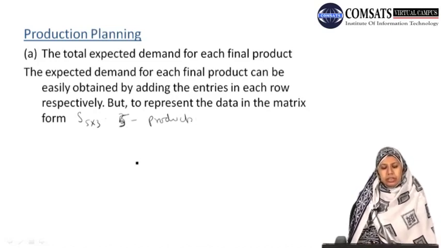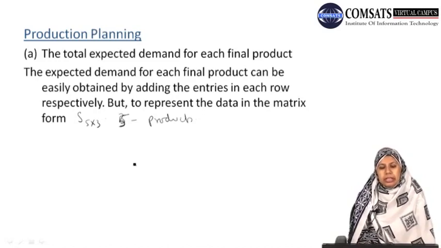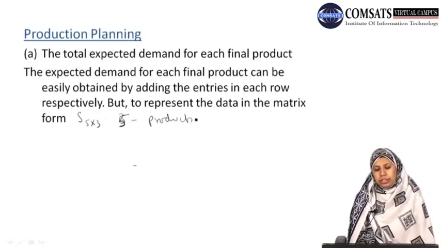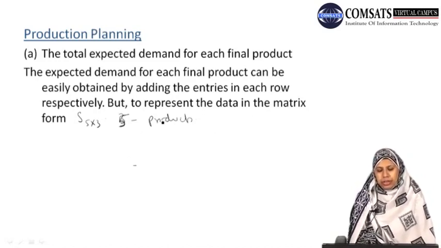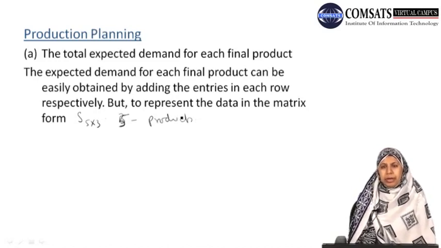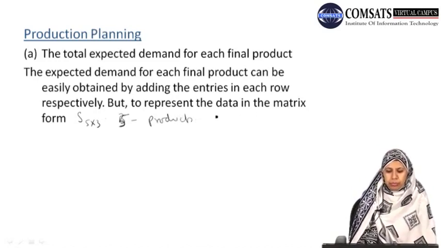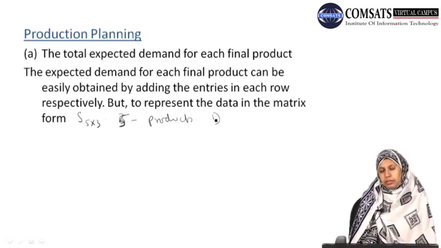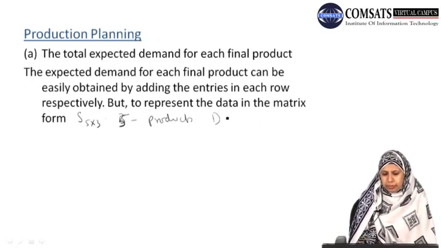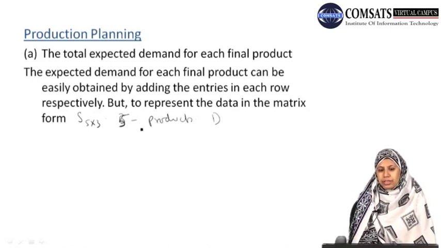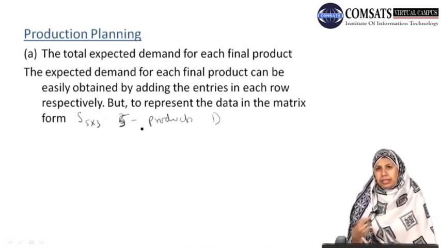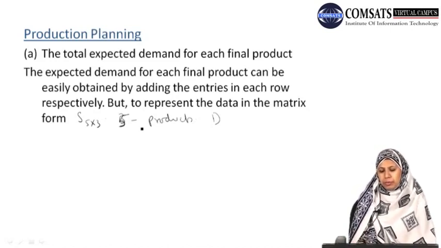So the total expected demand for each product, to write it in matrix form, if D represents the matrix showing the expected demand for each final product, then we have 5 products and we are asked to find the total output, that is the sum or the number of units for that product.